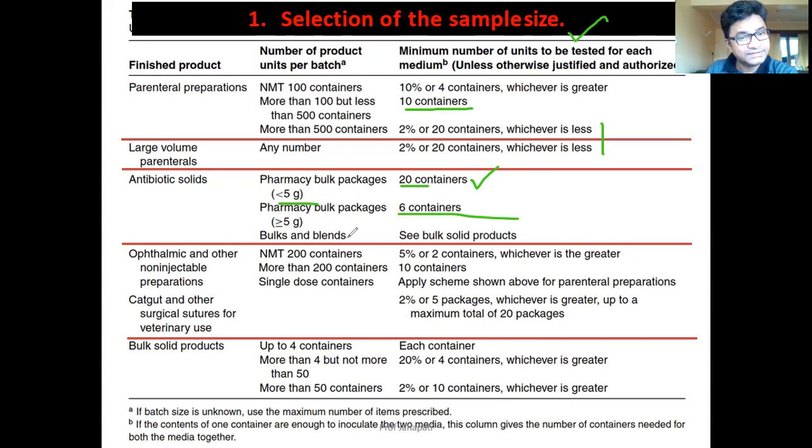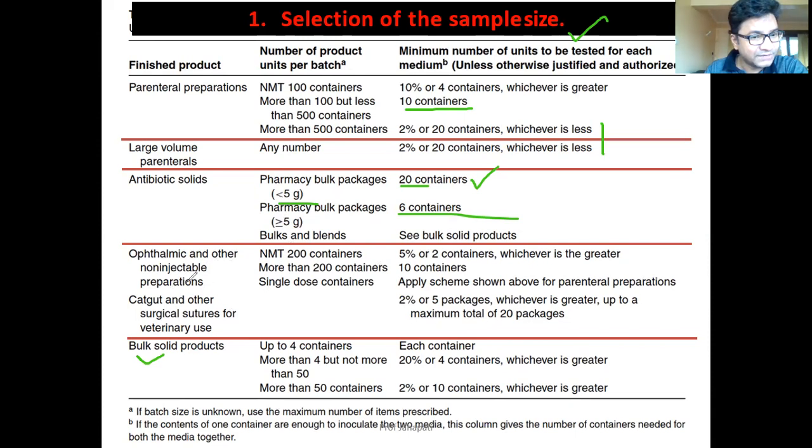Bulks and blends. See, bulk solids, we need to see here. Under this, we will see bulks and solids. If the solid product is more than what is specified above, more than 5 grams, then we need to go here.